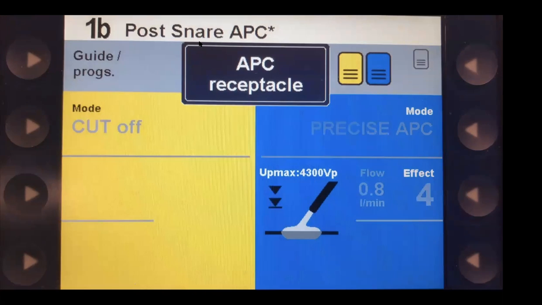And then with the precise APC, the argon beam and the plasma is controlled. What they have shown is, sometimes when you're doing a colonoscopy and you're trying to do an APC, the wall could be here. Say, for example, you have your probe here.